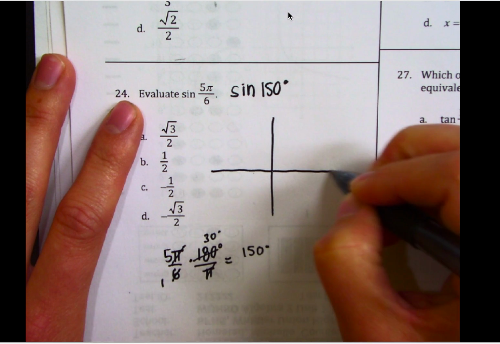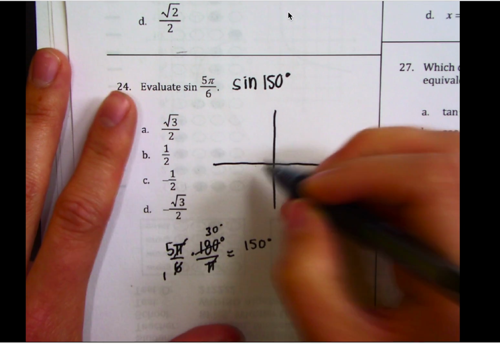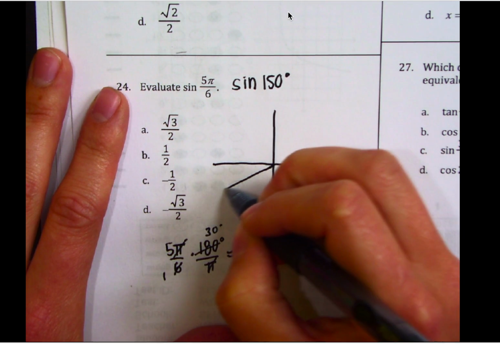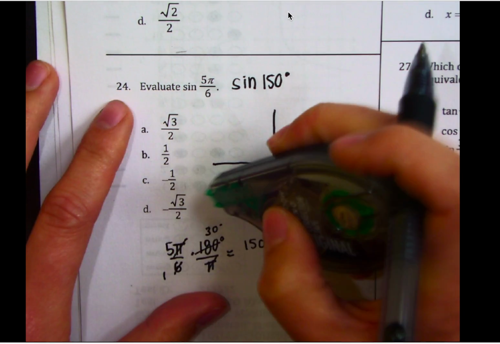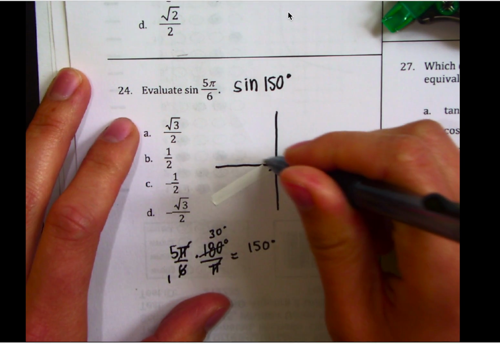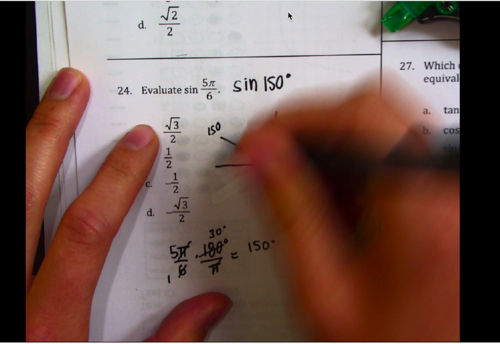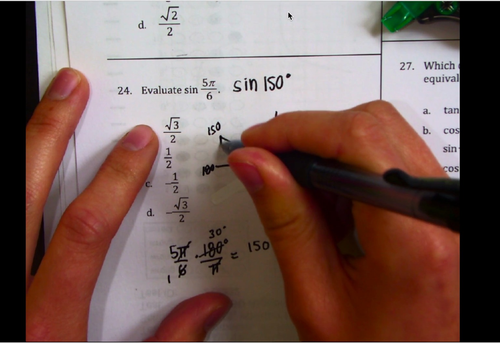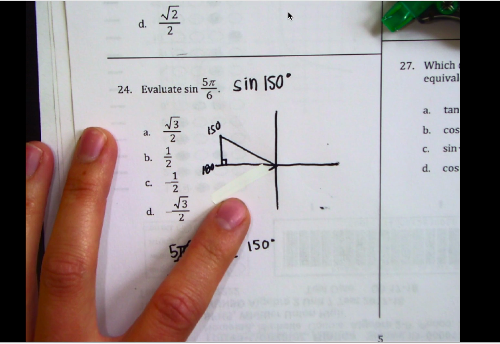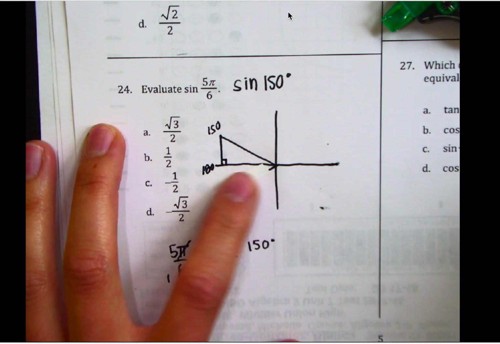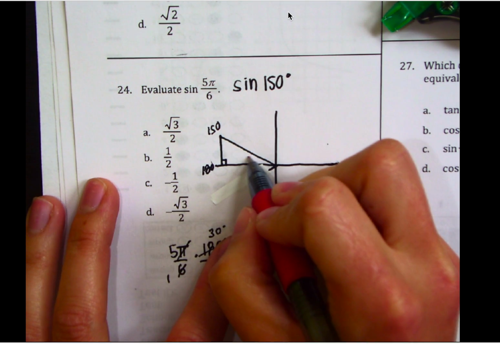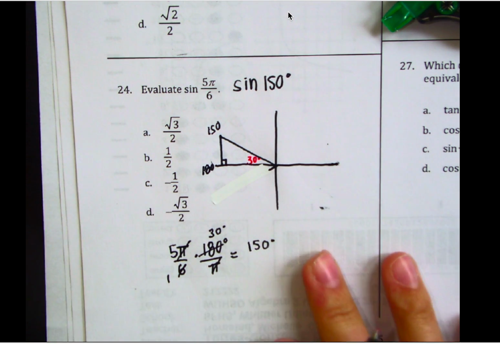So I'm going to go ahead and first put 150 degrees on my unit circle. Oh, my bad, guys. 150 is not there. 150 degrees. And this is 180 degrees. So I'm going to draw my triangle. And I'm going to write in my reference angle, which is 180 minus 150, 30 degrees.